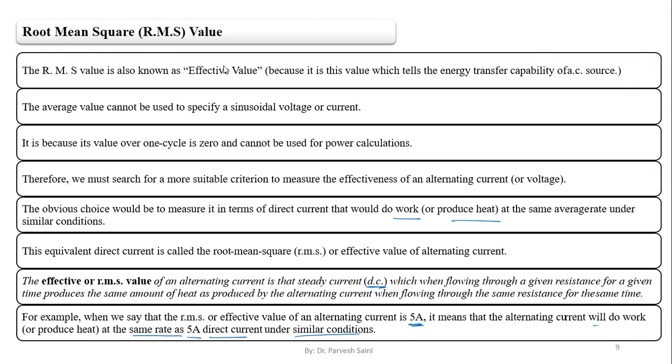So when we see the current rating or voltage rating of electrical appliances, these ratings are generally specified in terms of their RMS value. Whenever you see an electrical appliance of 5 ampere and 220 volt, this 5 ampere and 220 volt is actually the RMS value of current and voltage respectively of that particular appliance.